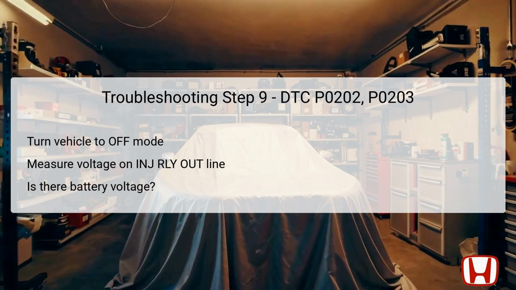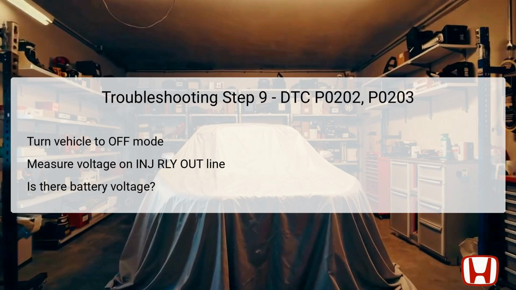This check aims to ascertain if the INJ relay out line is delivering battery voltage correctly. If battery voltage is confirmed, it indicates that the wiring is sound, and you can proceed to follow-up steps.